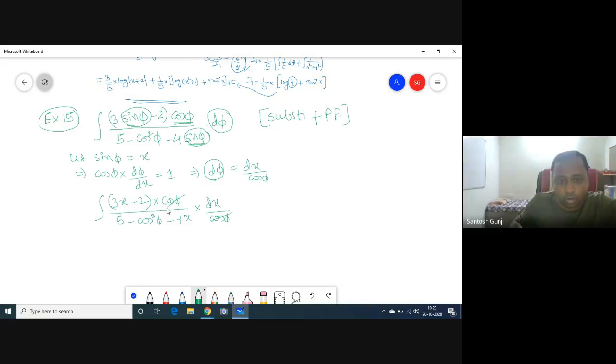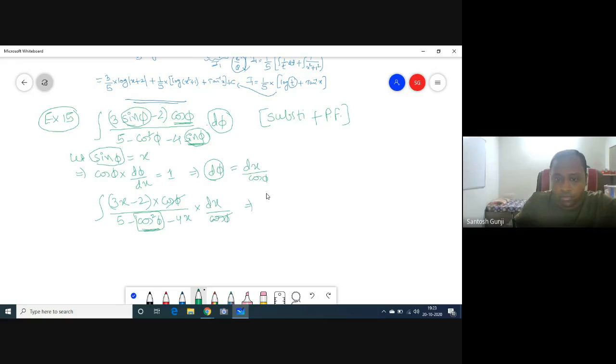So cos phi gets cancelled, but the entire sum is in terms of x except cos square phi. You need to convert this into x language. Hence, how can we get x if the expression is in terms of sine? You need to convert cos square as 1 minus sine square.